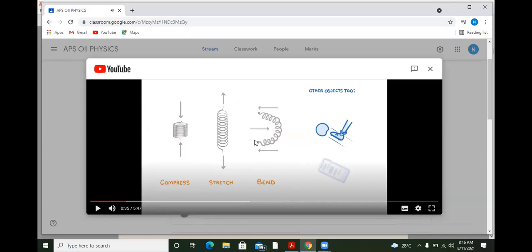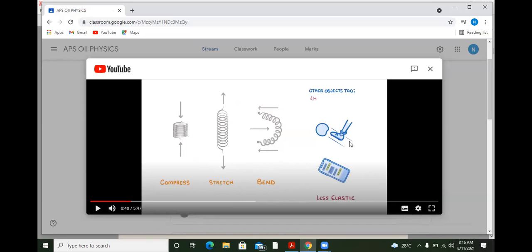Similarly, we can apply these types of forces not on the spring only, we can apply them on different objects, like kicking a ball or touching a mobile. A spring has elastic property, it can easily show the deformation.